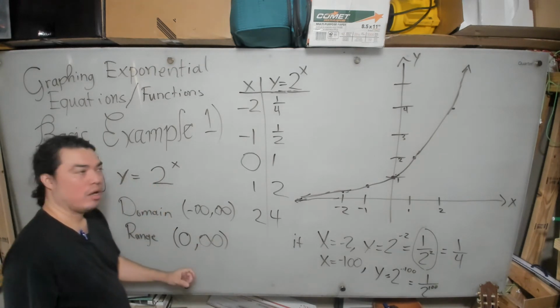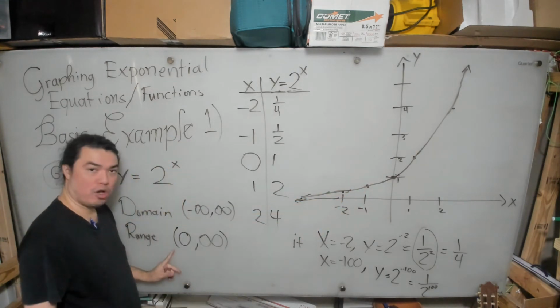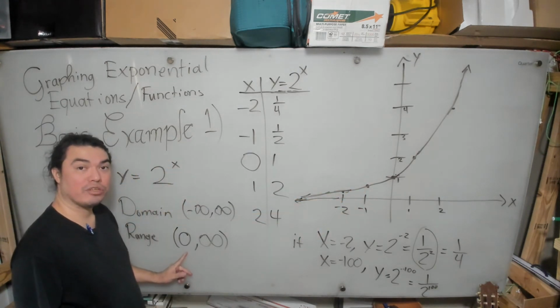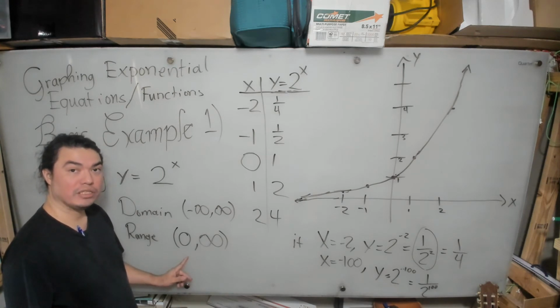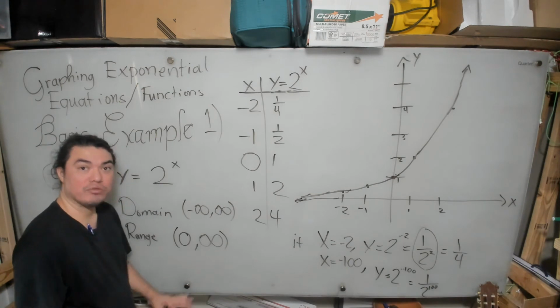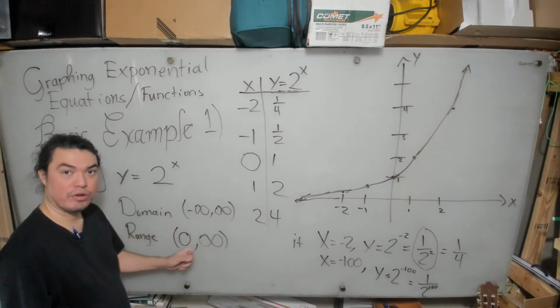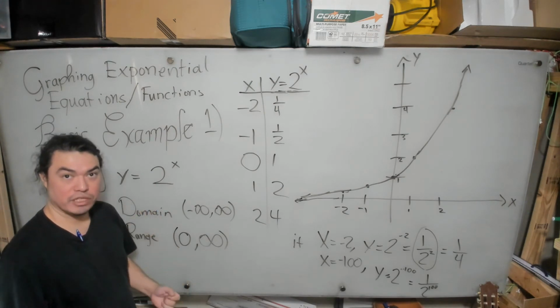Why 0? Now, by the way, remember, when I put the open parentheses, that means we're going to get close to 0 without ever touching 0. So we're not including 0 here. It's different than if I were to have put a square bracket. If this was the square root of x, then the range would have been square bracket 0 to infinity, because we could actually achieve the 0.